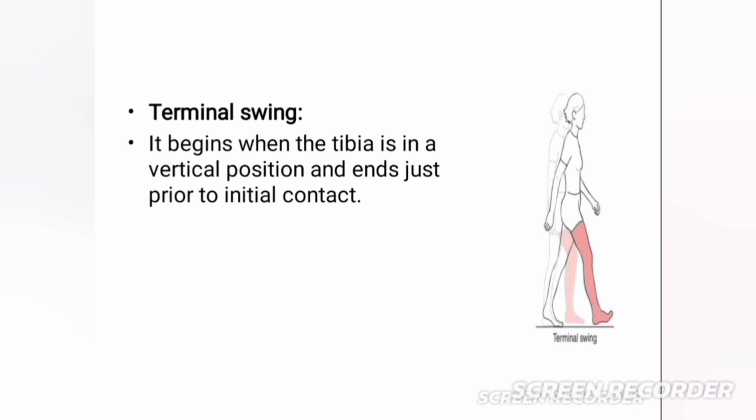Here you can see the pink limb in front of your body, your tibia in the vertical position, and the phase ends just before your initial contact. That is called the terminal swing.